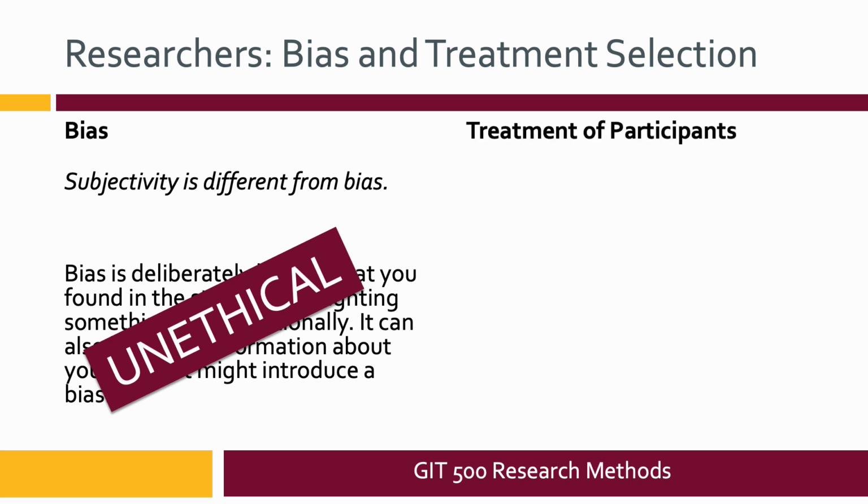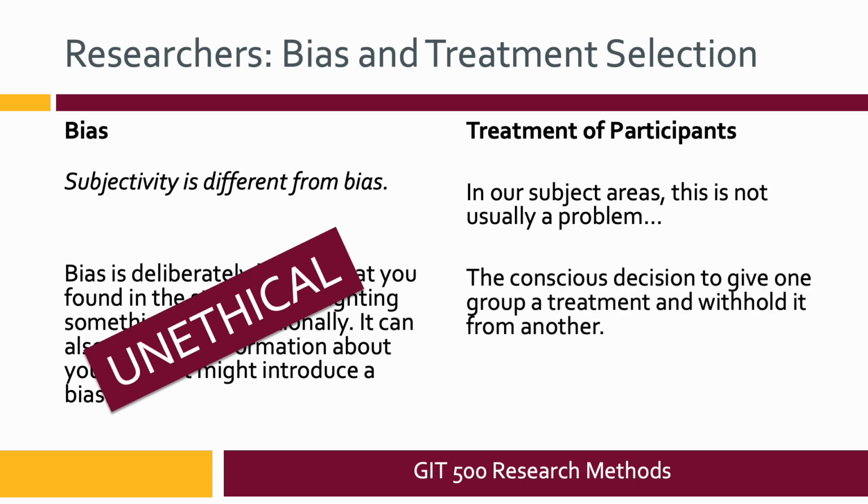We all know that. As far as treatment of participants, in our subject areas, that's not usually a problem because we don't give treatments. But like in the medical field, when they do research, they will often have two different groups, and one will get the actual drug and the other one will get a placebo.